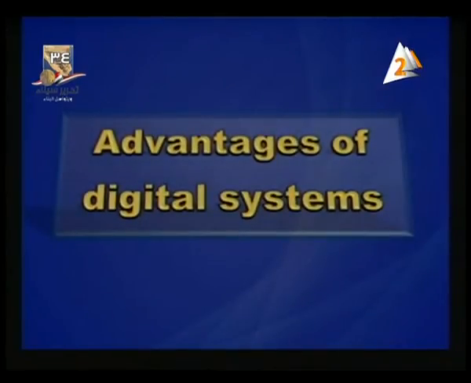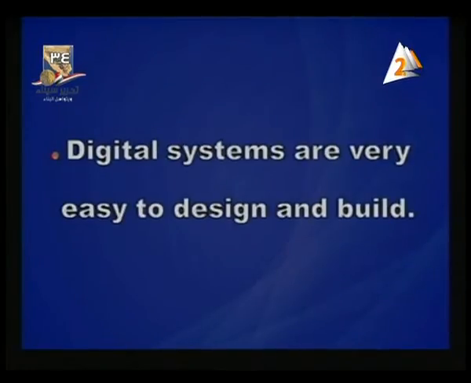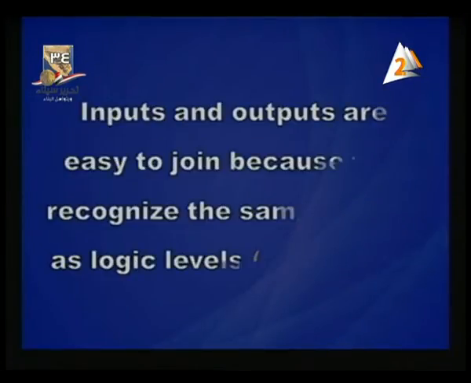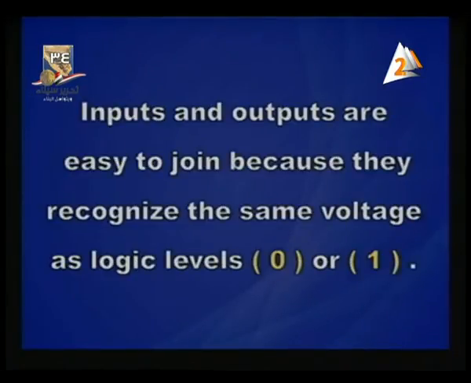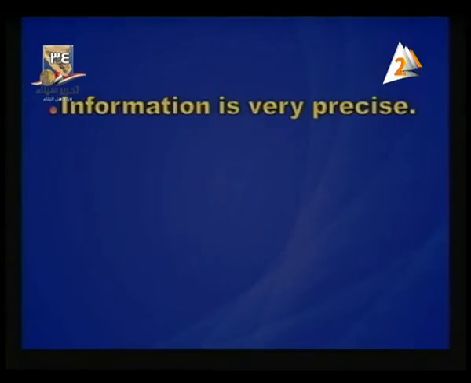And now talking about the advantages of digital systems. Digital systems are very easy to design and build. Inputs and outputs are easy to join because they recognize the same voltage as logic levels 0 or 1. Information is very precise.